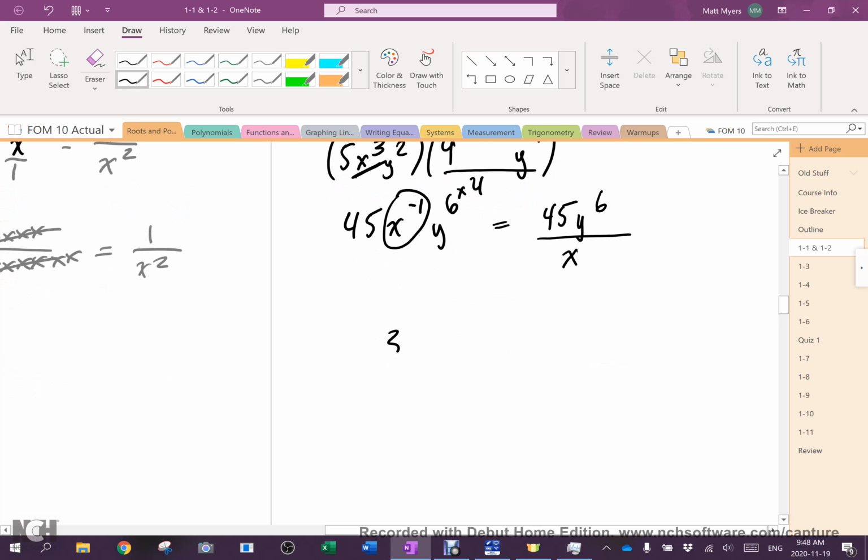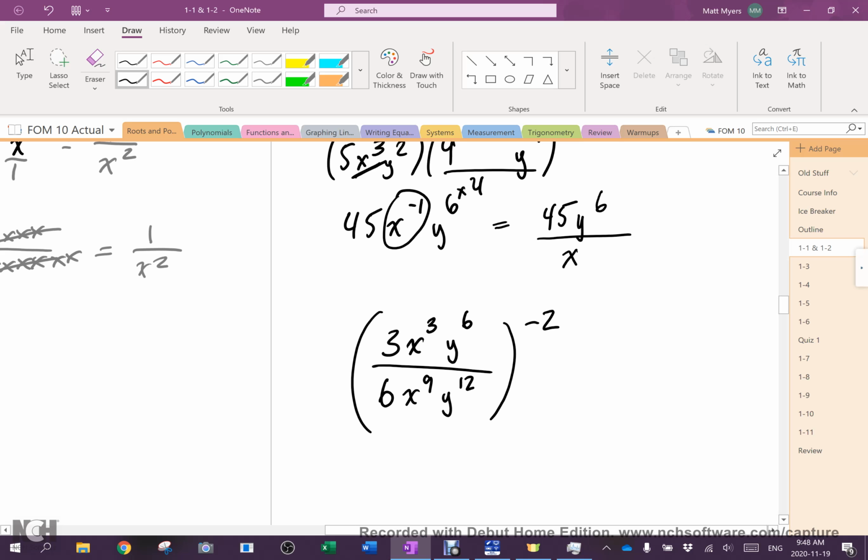What if I had 3x cubed y to the 6th over 6x to the 9th y to the 12th, all of that to the negative 2? What is something you could do? You could do inside right now, couldn't you?